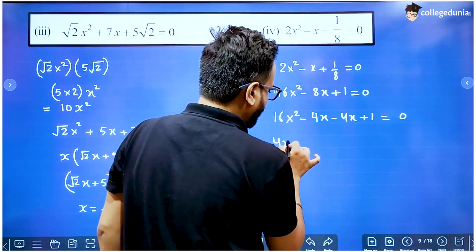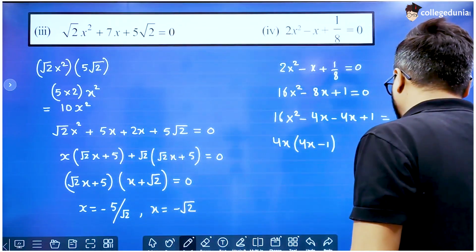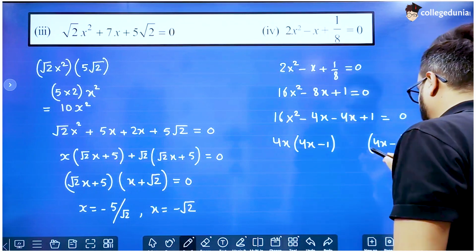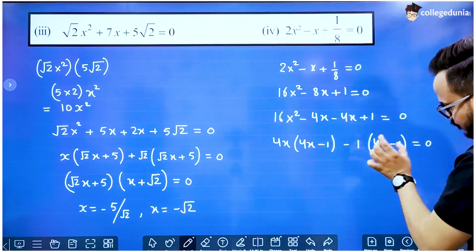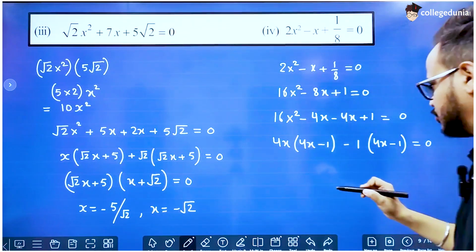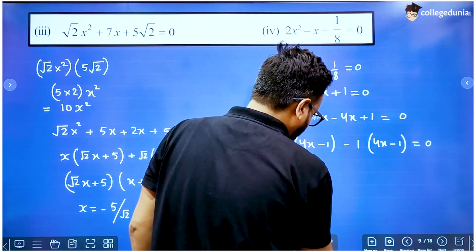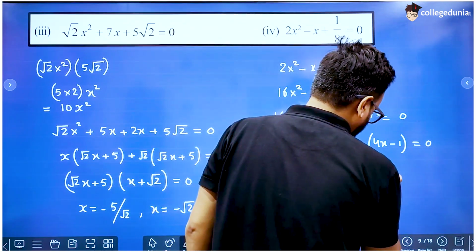So 4x is common, so 4x minus 1, and here also 4x minus 1. So what should I write here? So I get this one, obviously minus 1, because this is minus 4x, this is plus 4x. So take this bracket 4x minus 1 common, and here you are left with 4x minus 1.